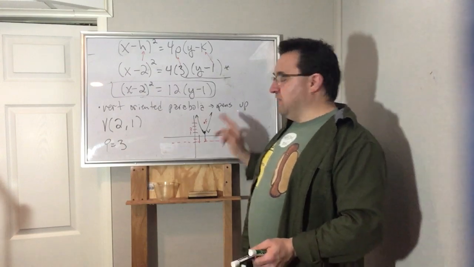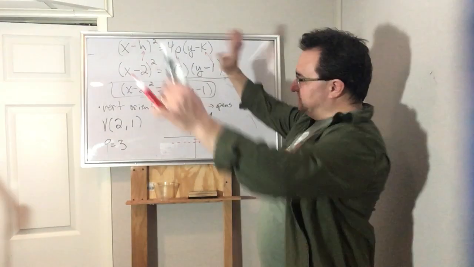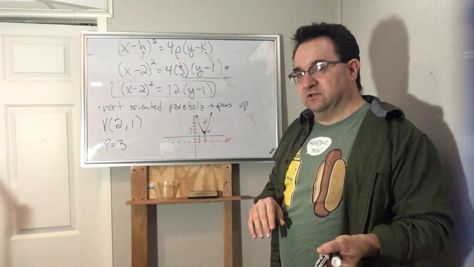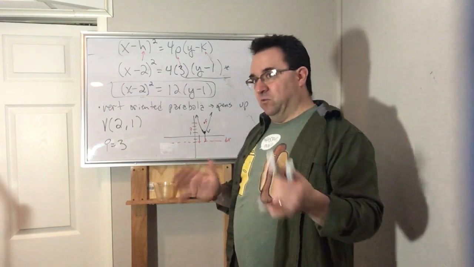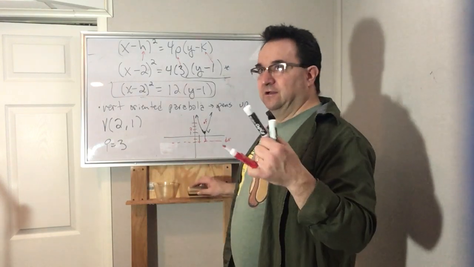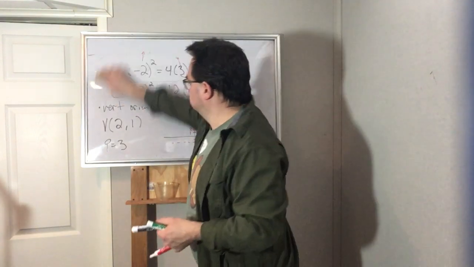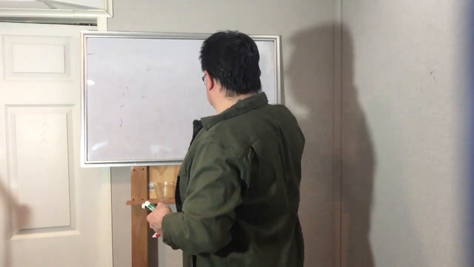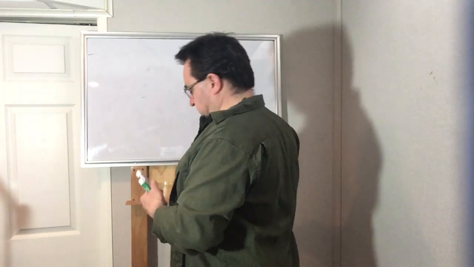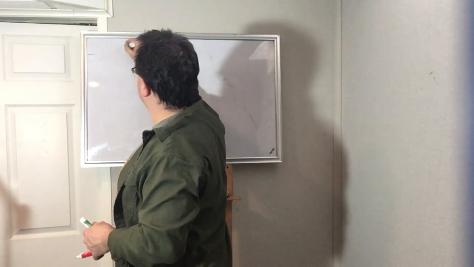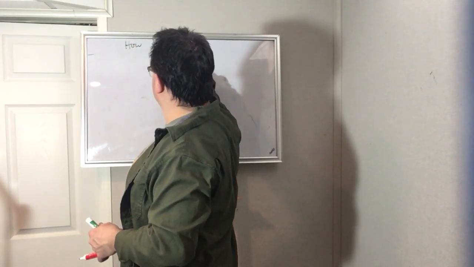So now I got to explain how I knew it opened up. So I got to erase all this before I can even do another example to make one more follow-up point just on how it opens. How the parabola opens.